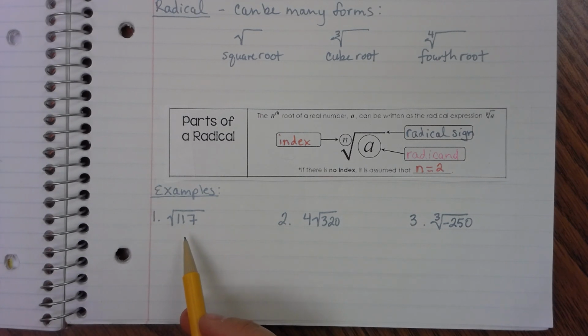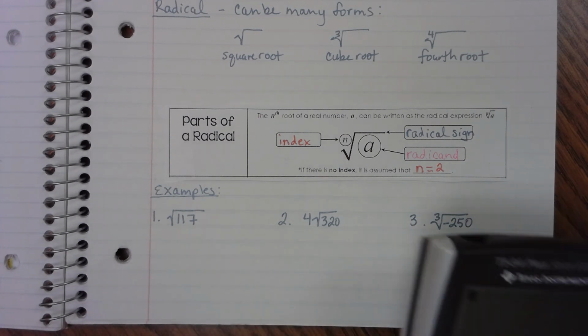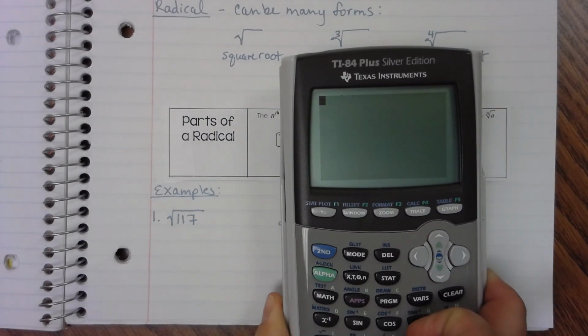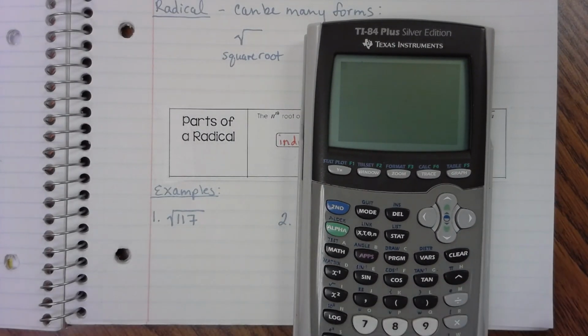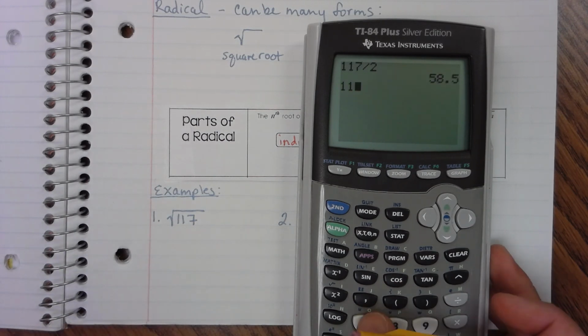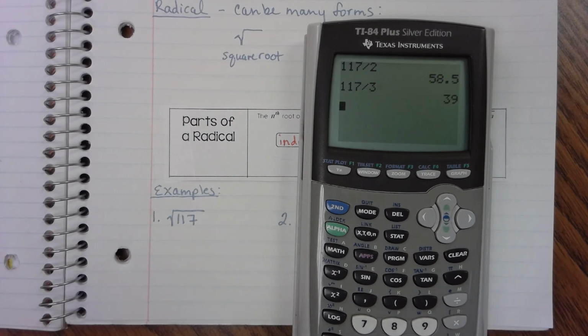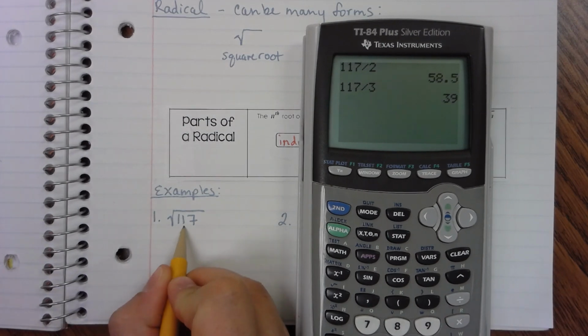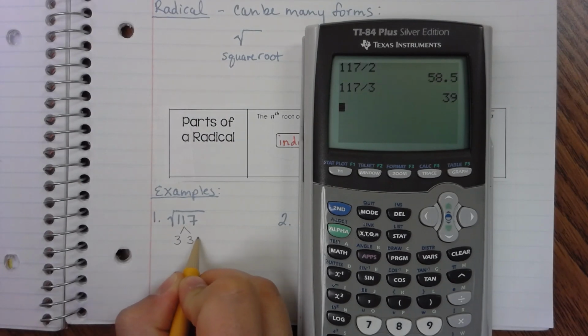I'm looking for two numbers that would multiply to give me 117. So I'm going to use my calculator and divide 117 by 2. Now I know it's not divisible by 2 because it's not an even ones place. So instead, I'm going to go up to 3. And because it divides by 3, I can say that 117 is 3 times 39.